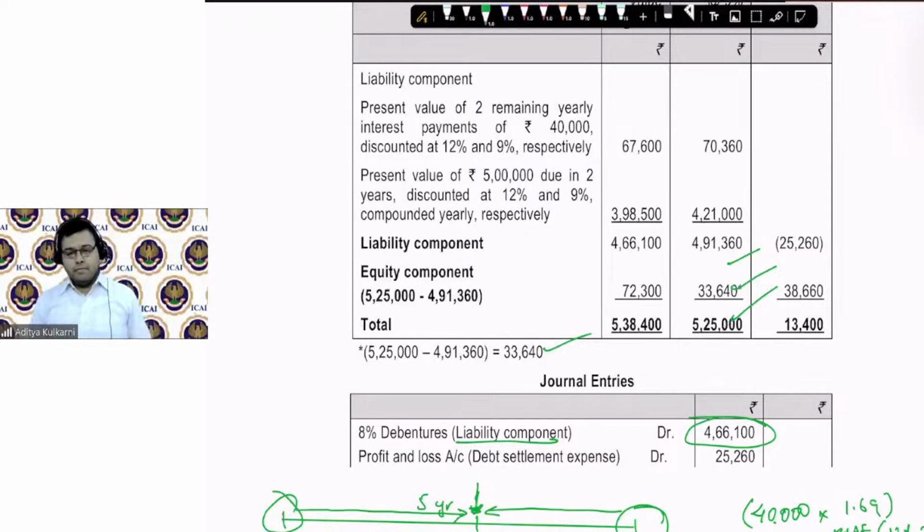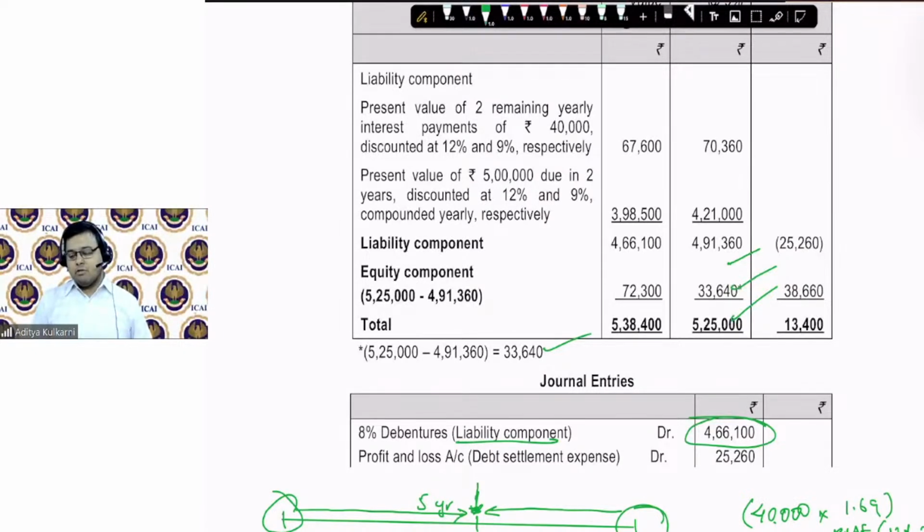Which is more correct? There is nothing like that. The first method, what we did, is correct, and the second method, what the institute did, is also correct. The difference of 188 is only due to rounding off. You can ignore that. Why will we prefer the first method? We have been doing that continuously, and the chance of not making a mistake is very high if you take the first approach.